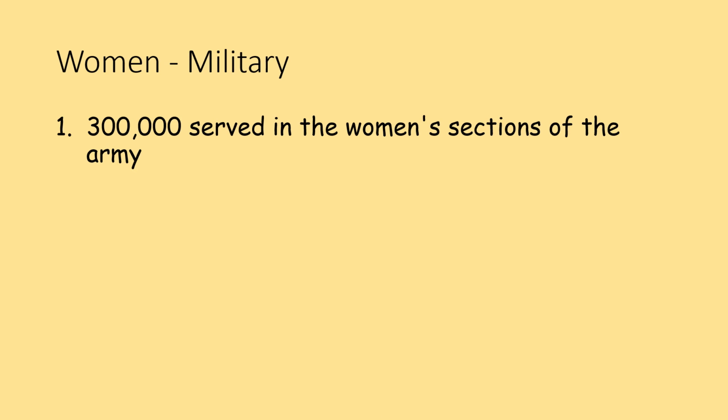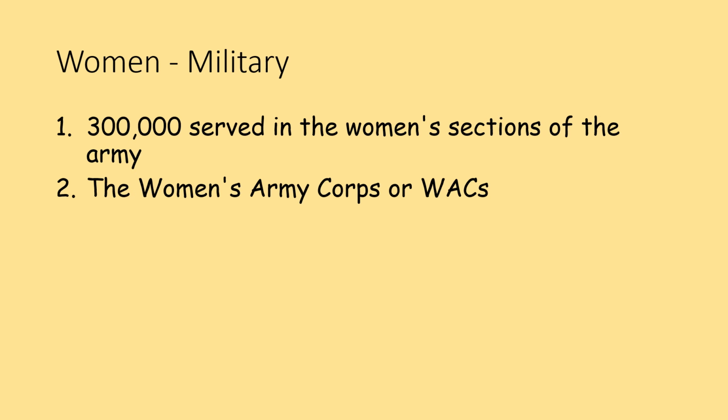So we've got 300,000 women who served in the women's sections of the army. I'm going to go through what they were in just a second, but I just want to be clear that there was no conscription for women during World War II in America. So these 300,000 women were all volunteers, and they would have joined one of the following. We've got the Women's Army Corps, or the WACS, so that's the Women's Land Army.